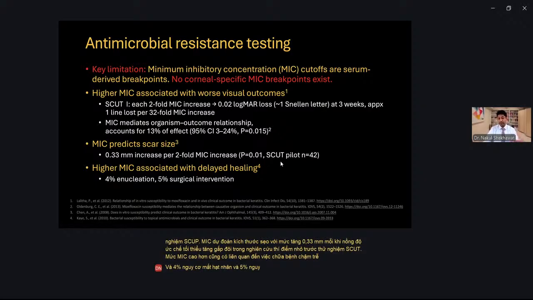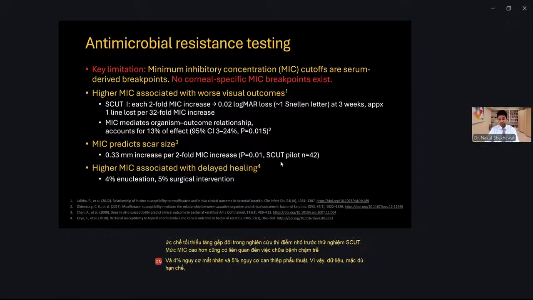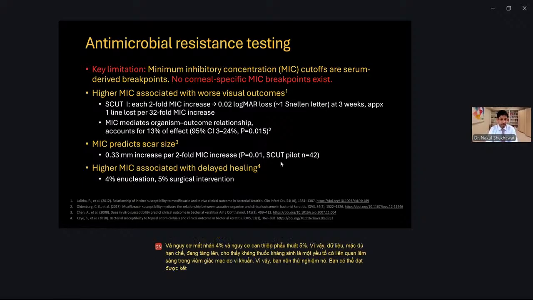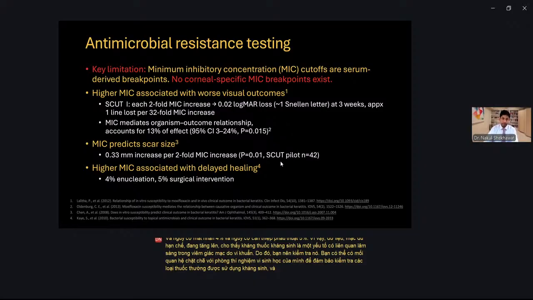So the data, although it's limited, is growing that antimicrobial resistance is a clinically relevant factor in microbial keratitis. Therefore, you should test for it. You can have a close relationship with your microbiology laboratory to be sure to test for your commonly used antibiotics and also, if possible, your commonly used antifungals.